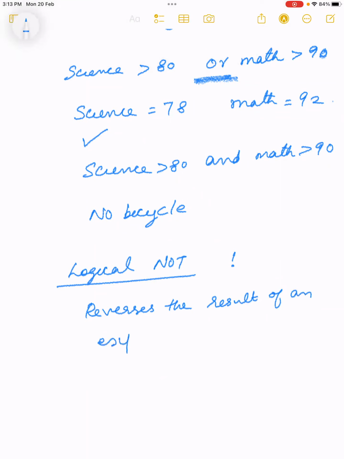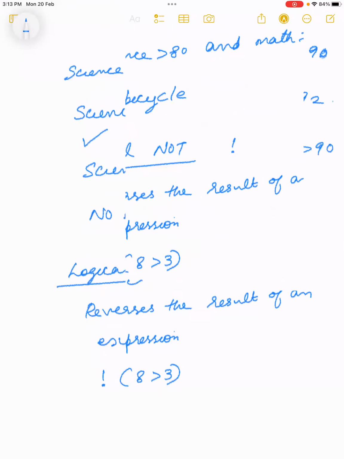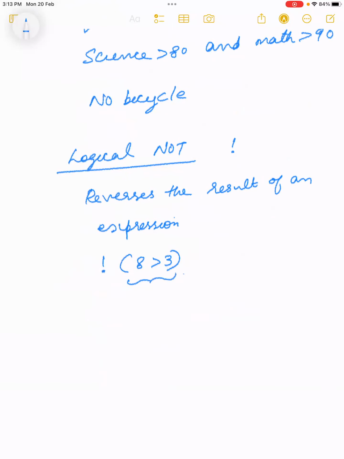Okay. So what happens here is, if I am writing NOT 8 greater than 3. So what is the result of 8 greater than 3? Just tell me, is it true or false? Yes, 8 greater than 3 is true. So you will write NOT true.